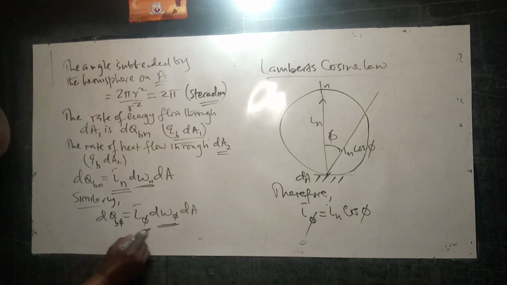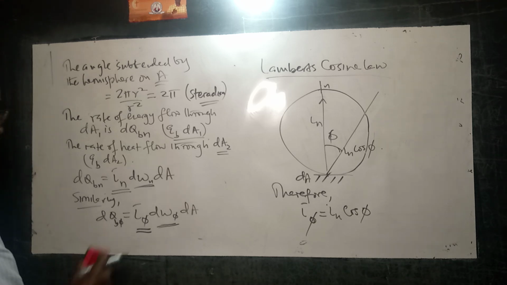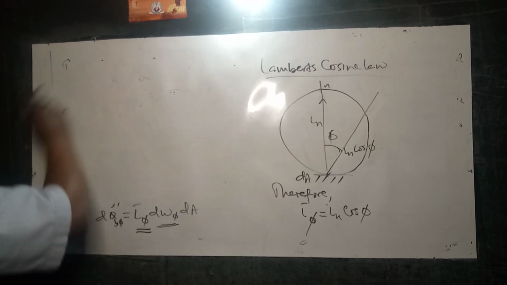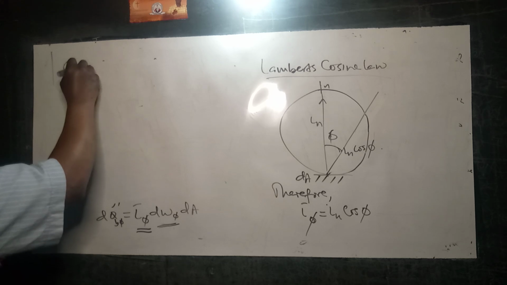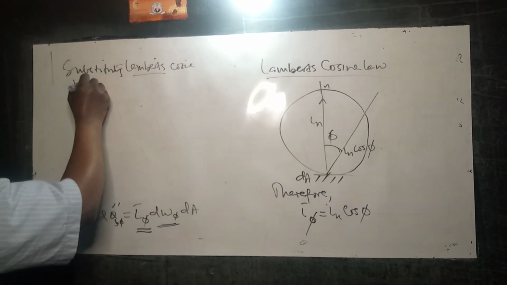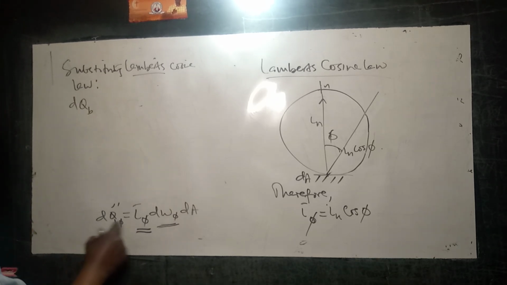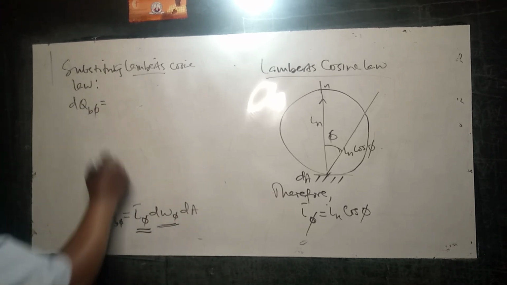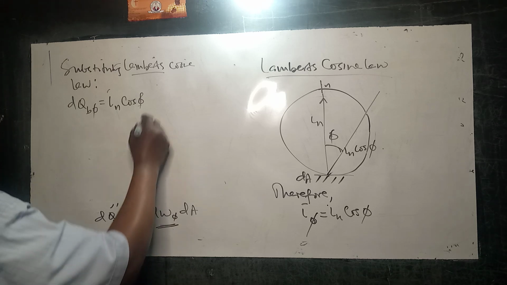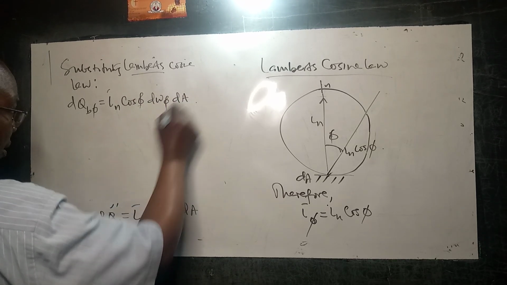So we can put that expression for I phi into this system, therefore substituting Lambert's cosine law, we have that dq phi is equal to In cos phi d omega phi dA.